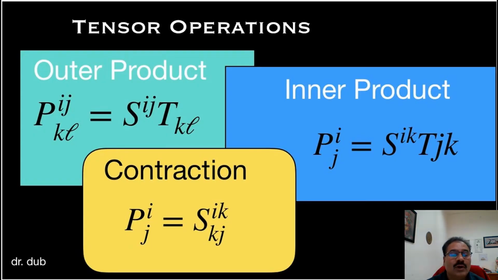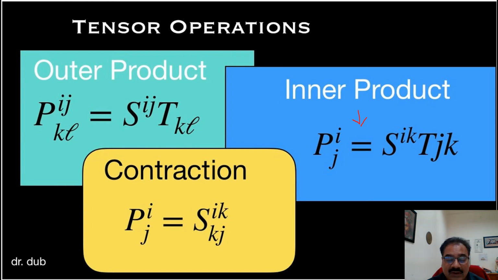Now, if you go through some pictorial representation, this is for a very quick look at the outer product which we discussed here, P_ijkl equal to S_ij T_kl. That is the concept of outer product. Inner product, if you say, is like this: if P^i_j is a mixed tensor, it may be written as S^ik T_jk.